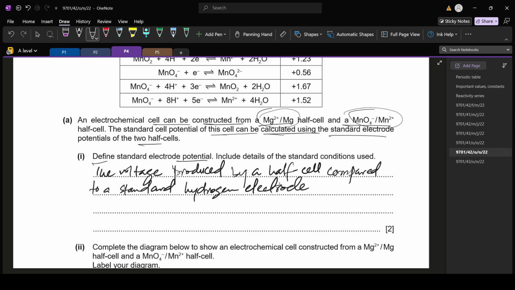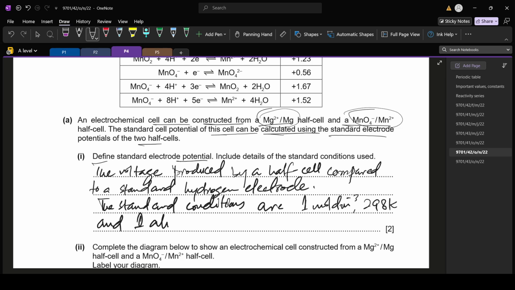And the standard conditions for standard electrode potentials are 1 mole per dm cube, which is the concentration, room temperature, which is 298 Kelvin, and 1 atm pressure.